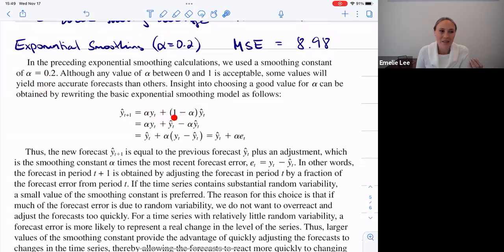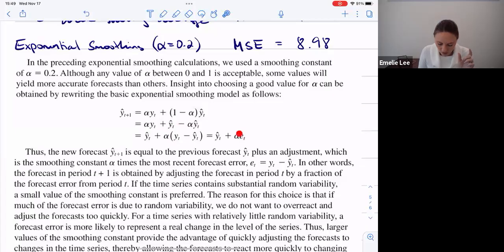We can expand the 1 minus alpha onto y hat t, and then rearrange, and we have the forecasted value for time point t plus alpha, that smoothing constant, times yt, the observed value at t, minus the forecasted value, which is the error.